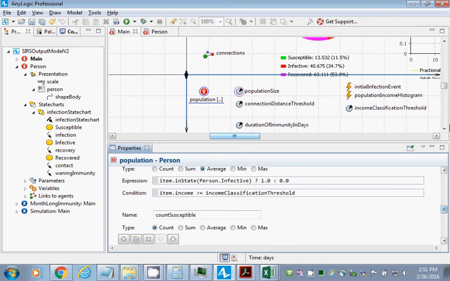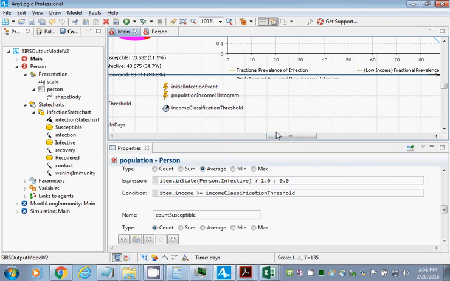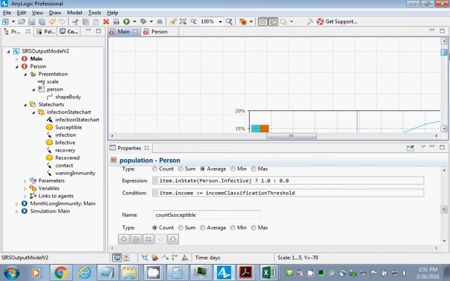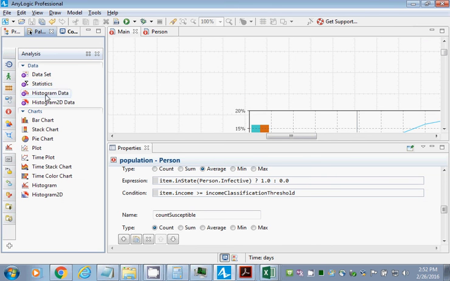This will be called count times infected histogram data. In state. Okay, good. And now we're going to add a fractional prevalence histogram.